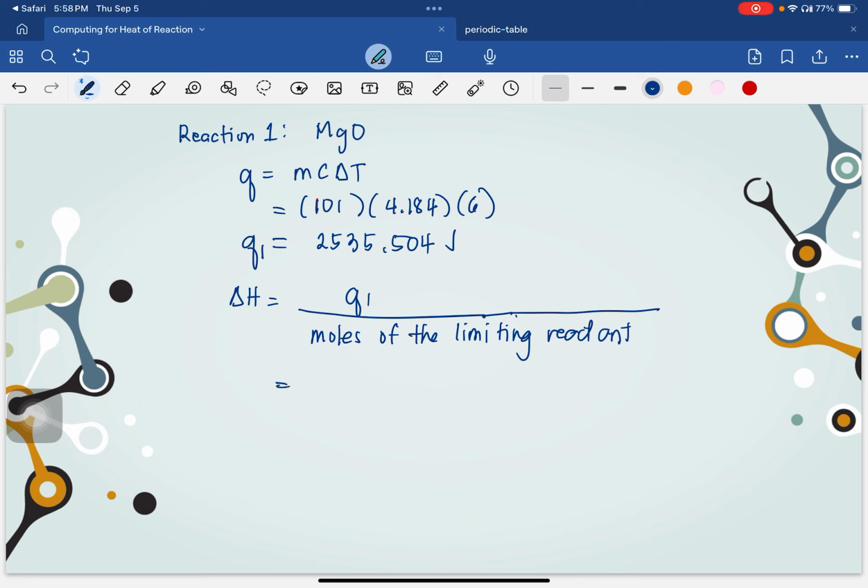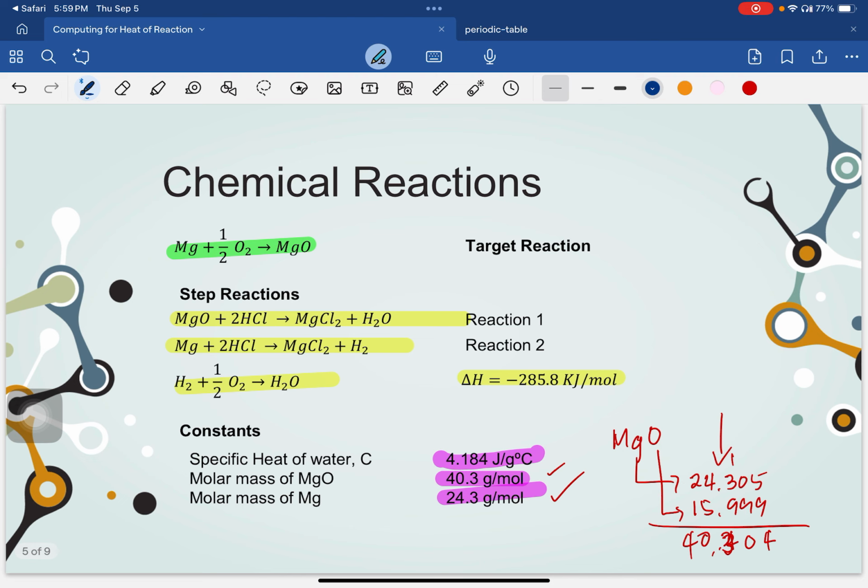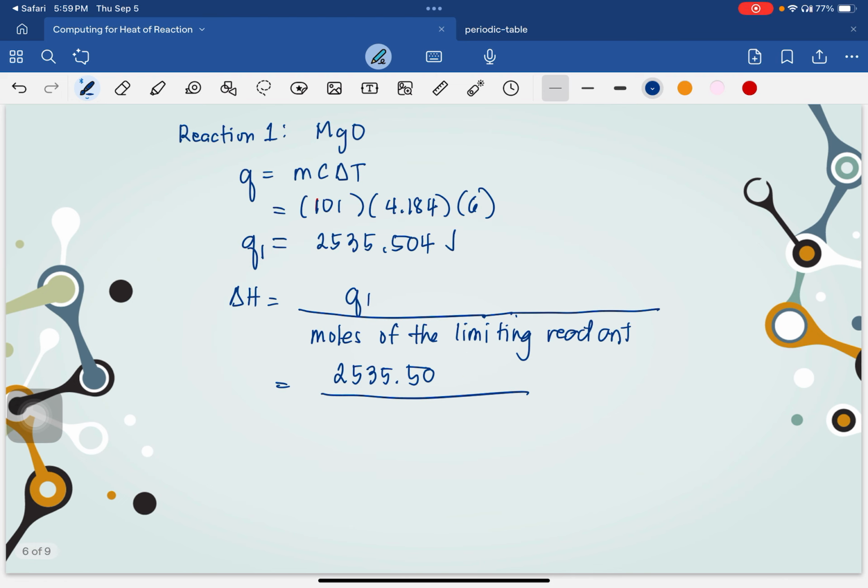So we will just substitute our values. 2535.50 over, we will be using the molar mass. It says there it's 1 gram. We use 1 gram of magnesium oxide, and for our molar mass, we have 40.3 grams per mole. All we have to do now is, of course, compute this.